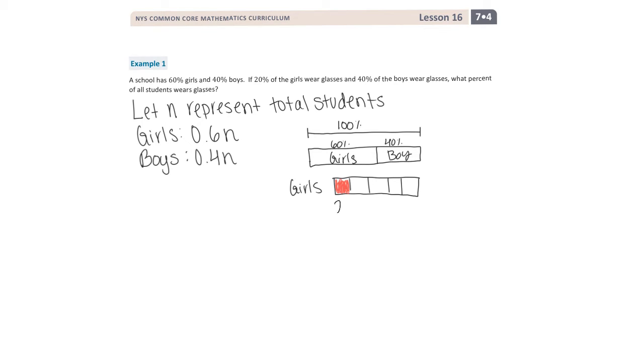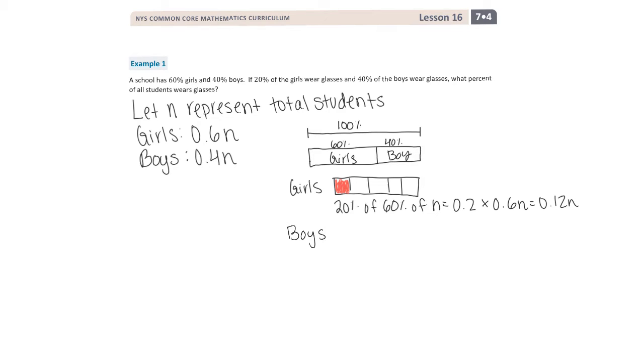Now we know that 20% of 60% of N equals 0.2 times 0.6 N, which is going to give us 0.12 N.